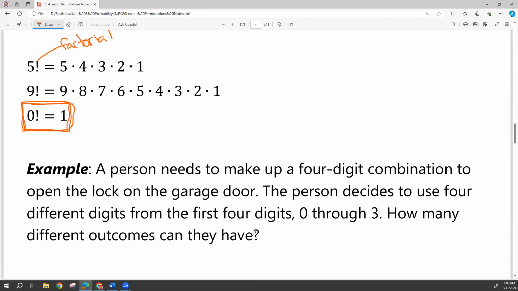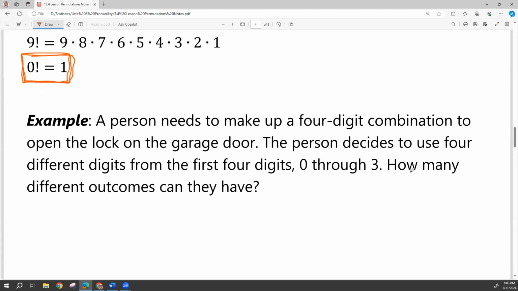So here we have somebody who wants a 4-digit code for their garage door, and they want to make sure that they use different numbers for each of those 4 digits, and they're only going to use 0 through 3. So one of them will be 0, one will be 1, the other one 2, and the last one will be 3. So we can determine the possible number of outcomes by using 4 factorial, because for the first number we have 4 options, and then since we're not reusing, we will have 3 for the second number, 2 for the third number, and 1 for the last number.